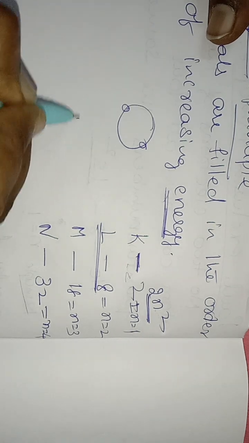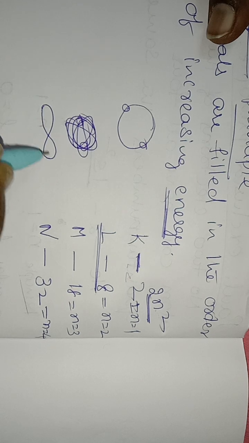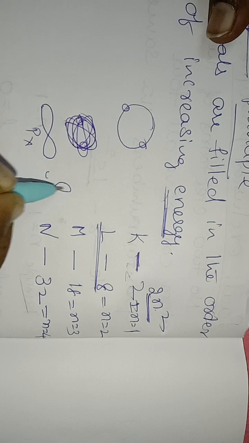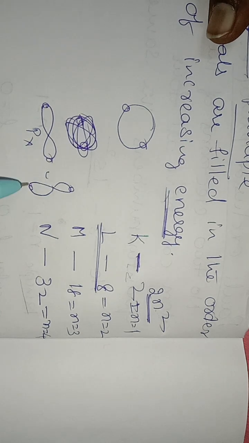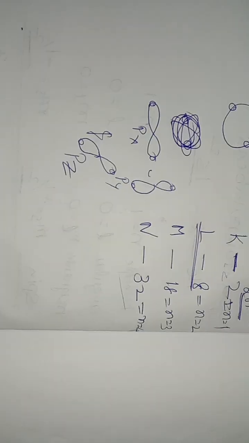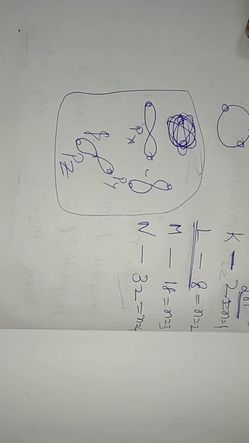If you come to the L main shell, 2 electrons revolve in sphere shape, and the remaining 6 revolve with 2 electrons in px, 2 electrons in py orbital, then pz orbital, like this. This is pz. So these 8 electrons revolve in the main L shell.